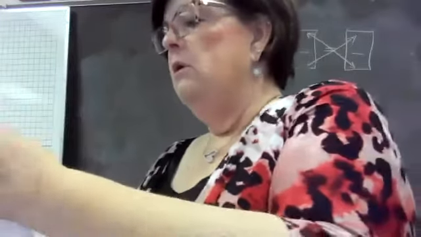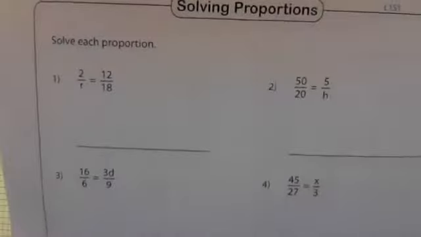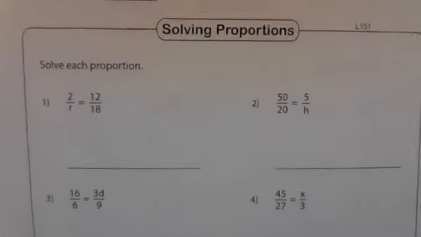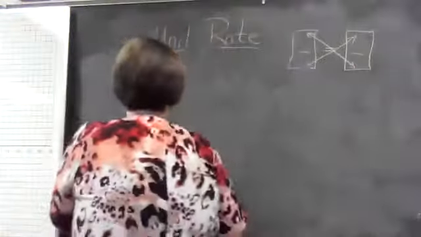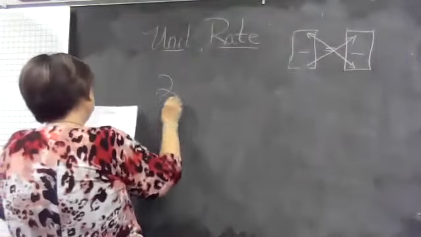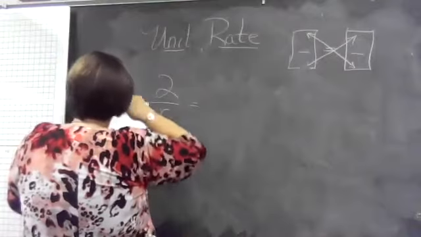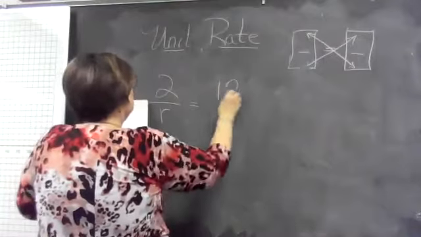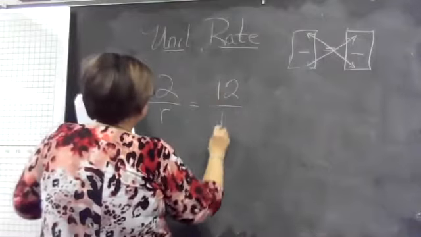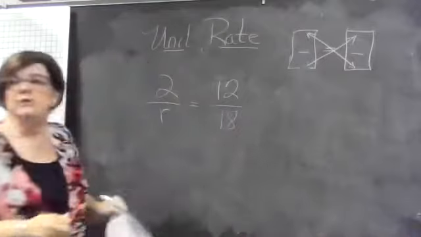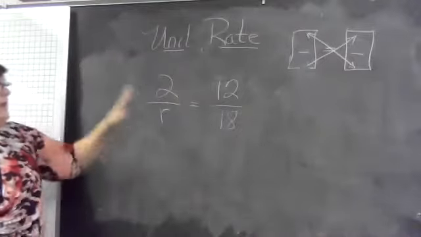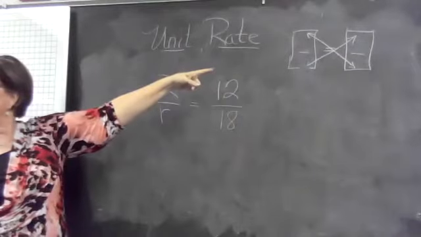So now let's move to solving proportions, okay? There's a lot of practice on this because you will use this so much. Okay, solving proportions, we're going to do number 1. 2 over R, and in this case, they don't tell you what you're dealing with, they just give you numbers. Now, when you're solving a proportion, the first thing you need to do is make sure that it meets the definition of proportion.